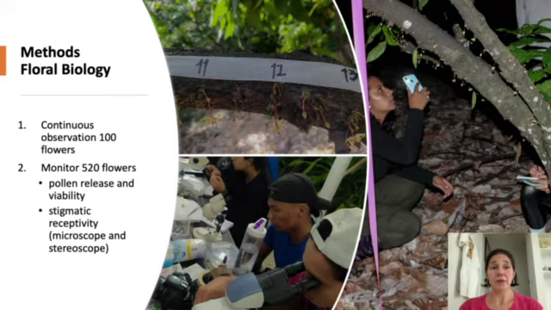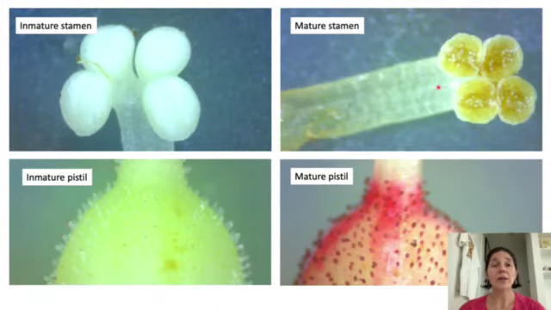We followed about 100 flowers to follow the opening time of each one of them. And then we monitored over 500 flowers to understand when was pollen release, what was the viability, and also stigmatic receptivity. I would like to highlight the morphological differences between immature structures and mature structures.